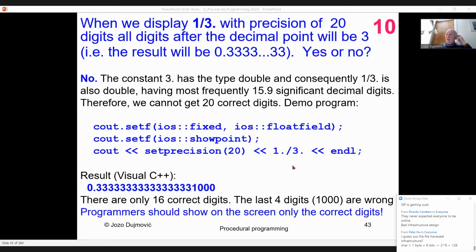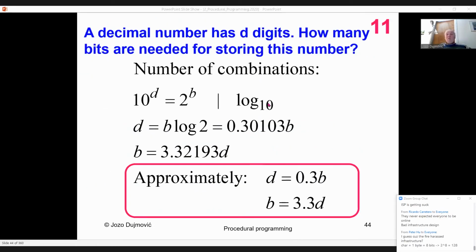If I force this with set precision to give me 20 digits and display 1 divided by 3, for Microsoft Visual C++, I get 0.333, but after that junk: 1, 0, 0, 0. So this is incorrect. It should be 3333, but I get something different. Therefore, you always get only as many digits as can fit inside your memory location, and this is double precision. More than that, you cannot have.